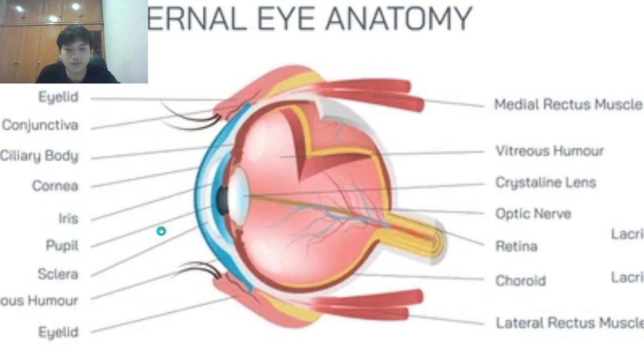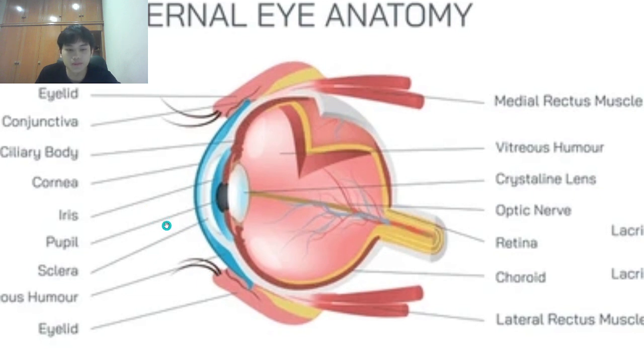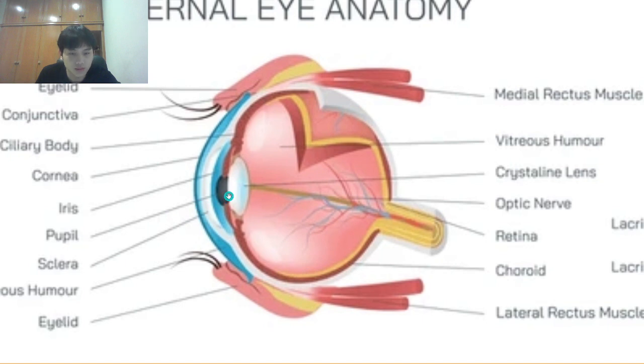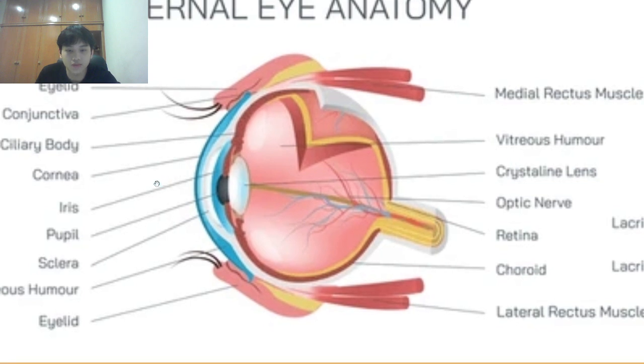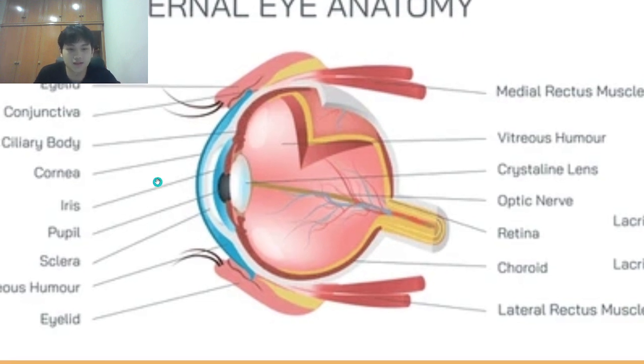The next part is the pupil. The pupil is the black opening right here. It adjusts to the light levels. In a bright environment, the pupil tends to become smaller, while in dim conditions, the pupil tends to dilate.